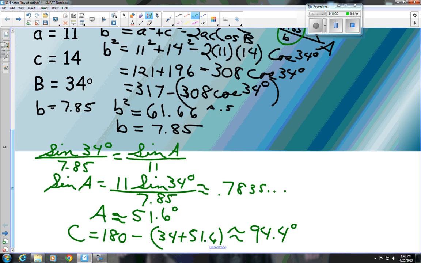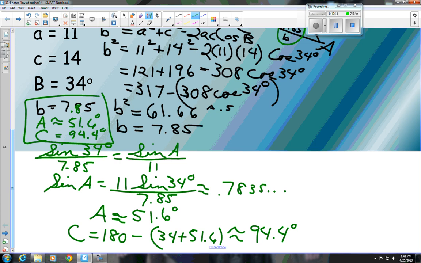Everybody else get the same thing? Okay. So that's my other two angles. I've got B, A is approximately 51.6, and C is 94.4. There's my three answers. So you're going to use all of your tools to get where you need to be. Questions about that one?